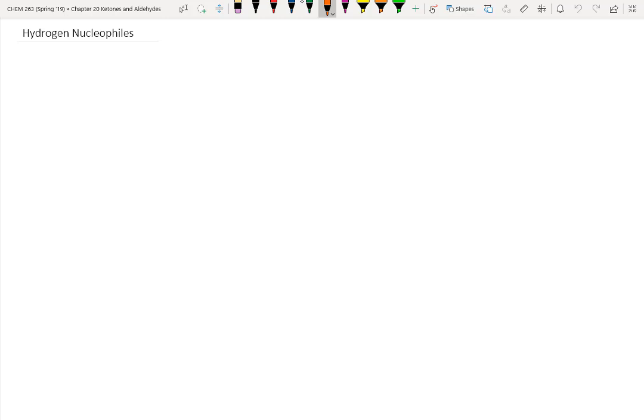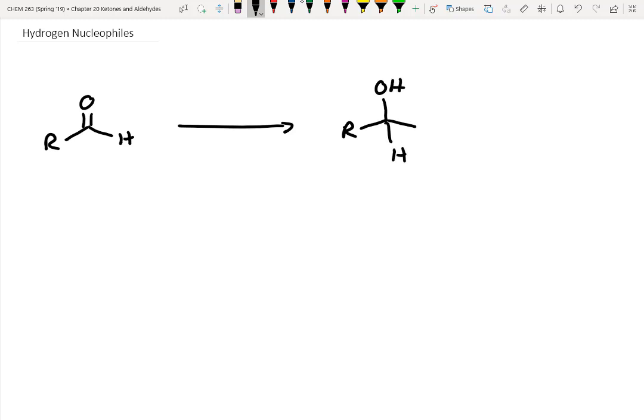So let's think about it this way. Let's say I've got an aldehyde, and my goal is to add in some sort of new nucleophile that's a hydrogen.